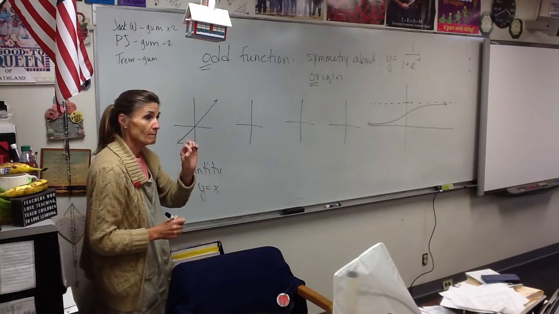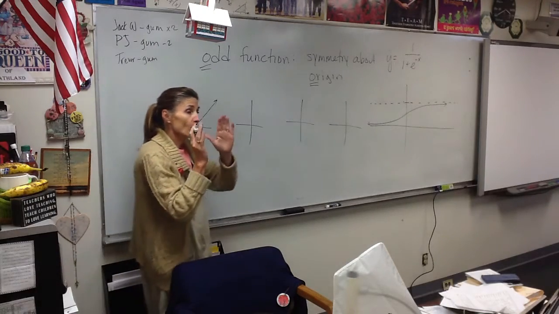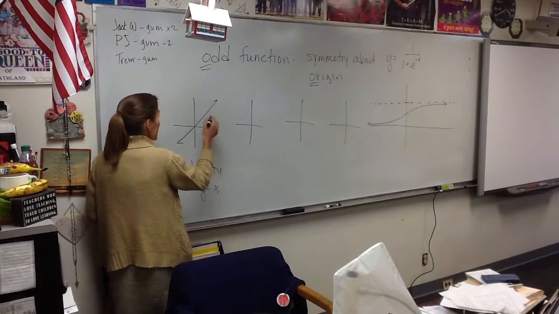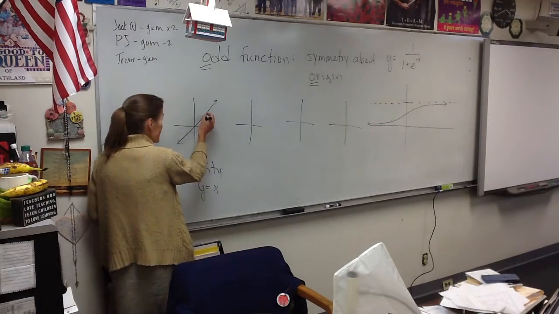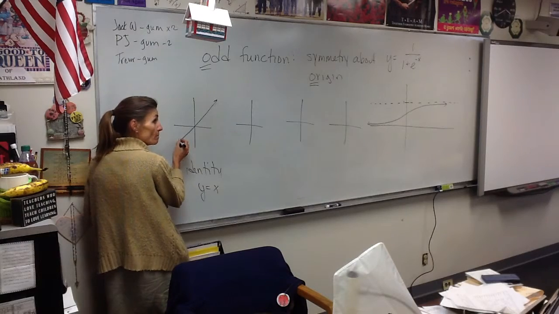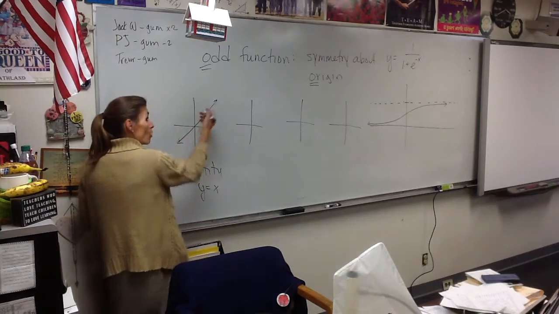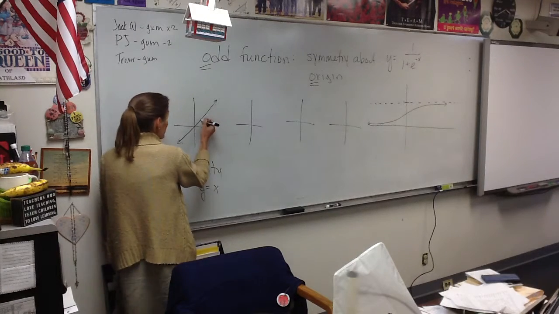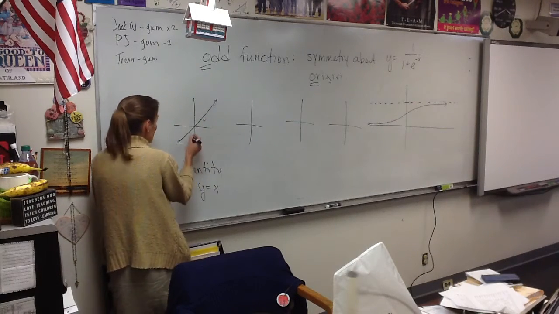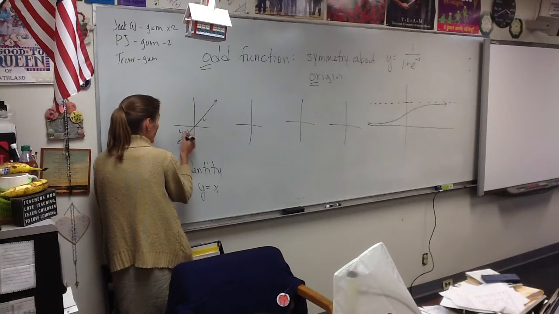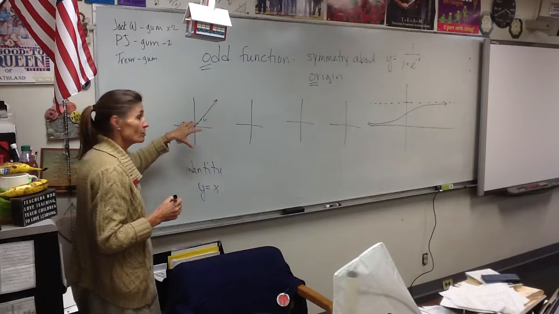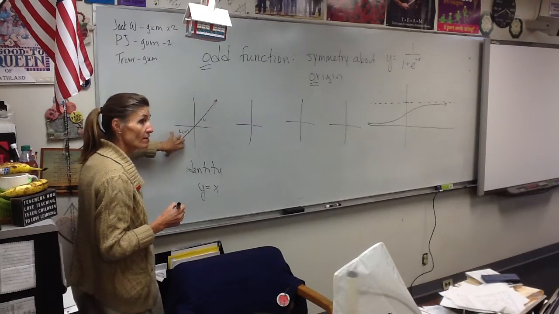If you are reflecting across the origin, you have the same picture in quadrant 1 that you have in quadrant 3, flipping across the origin 180 degrees. So if this is the point 1, 1, this would be the point negative 1, negative 1. That is symmetric about the origin.